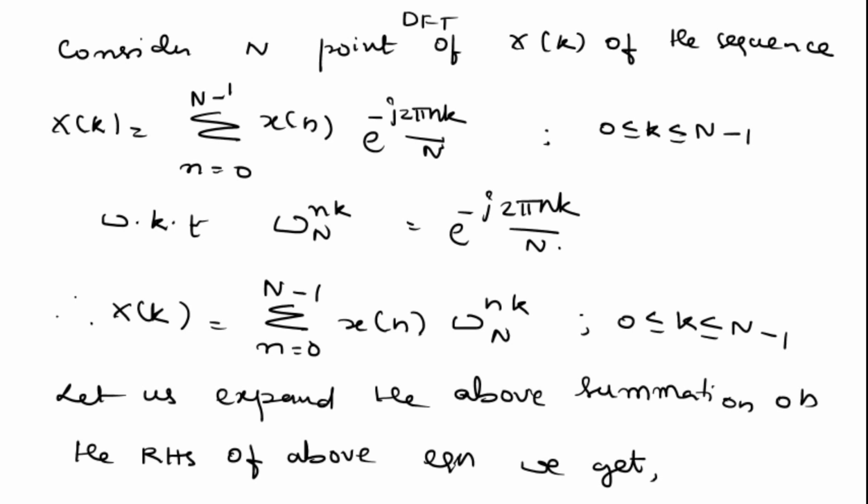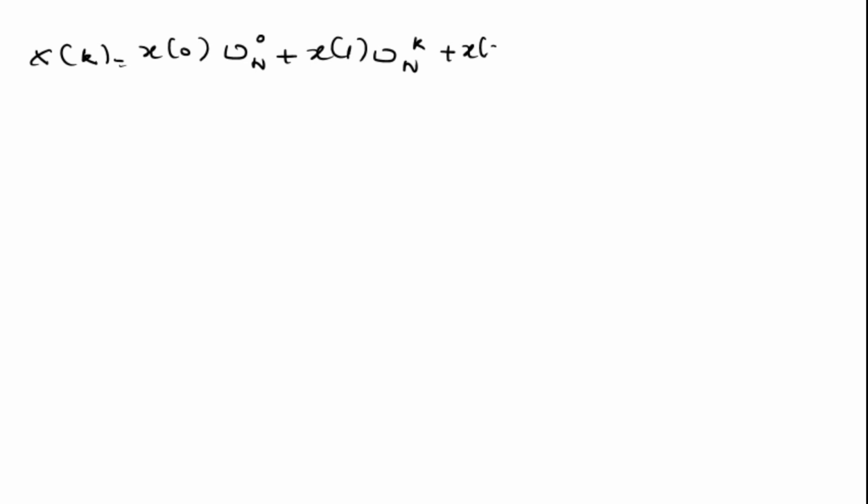We get X(k) after expanding is equal to x(0) into omega N of 0 plus x(1) into omega N of k plus x(2) into omega N of 2k plus so on, up to x(N minus 1) into omega N of (N minus 1) into k.